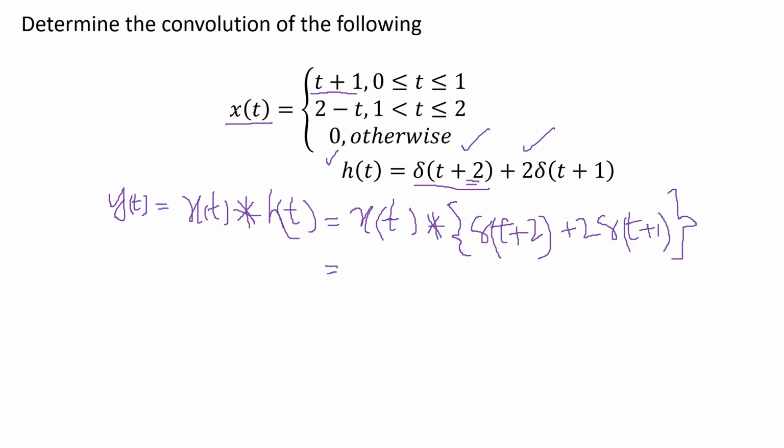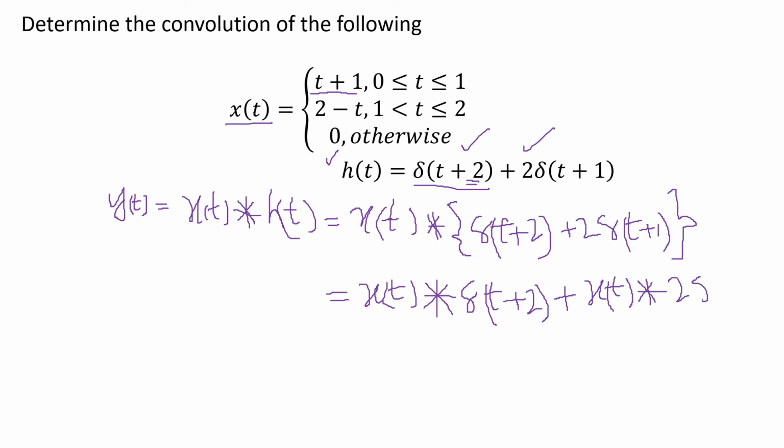So using the distributive property, we can write x of t convolved with impulse of t plus 2, plus x of t convolved with 2 times impulse of t plus 1.